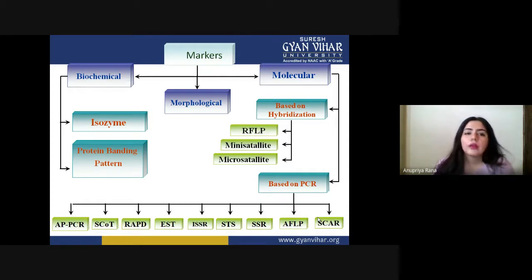If we are talking about the very common type of marker, these are the morphological markers. Morphological markers are based majorly on identification, on the basis of viewing or just scanning something. Whatever analysis we get from that is based on morphological markers.